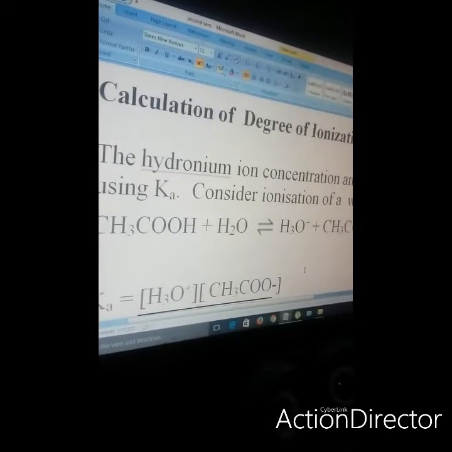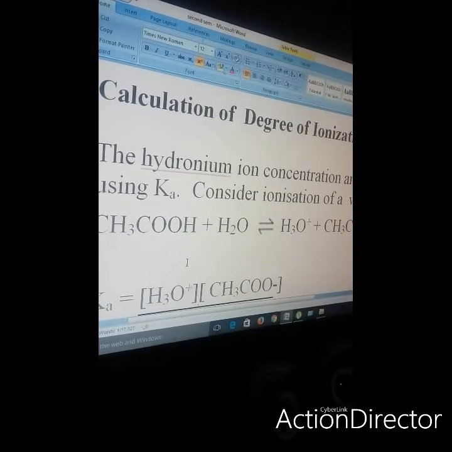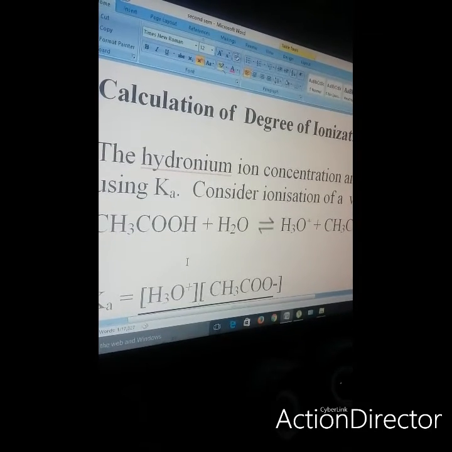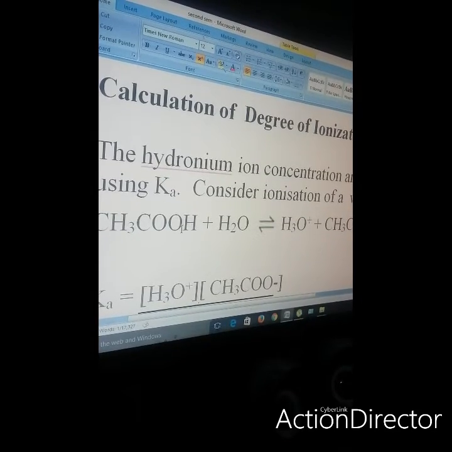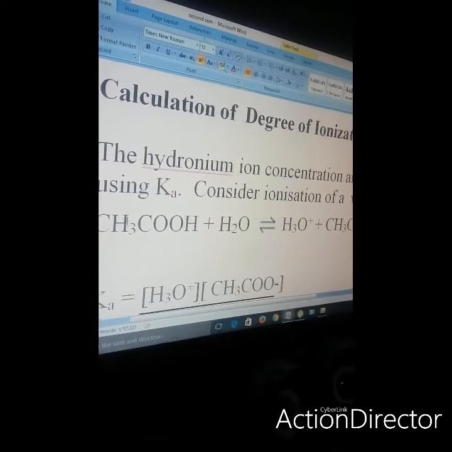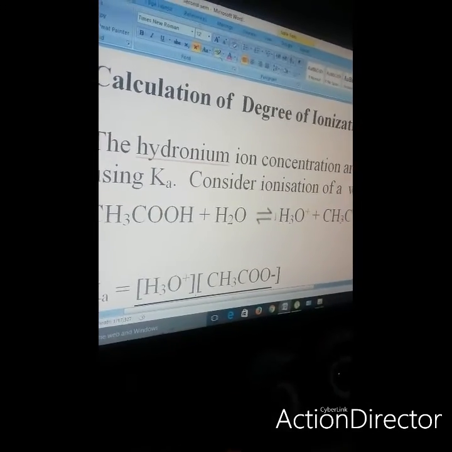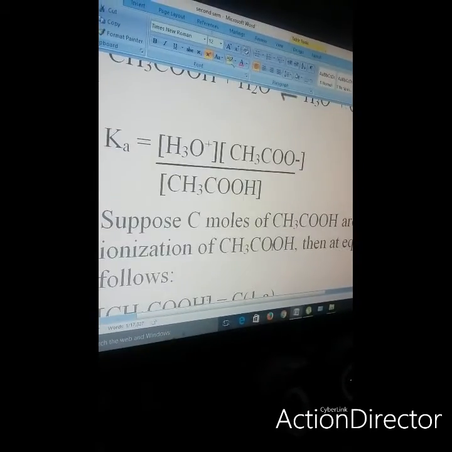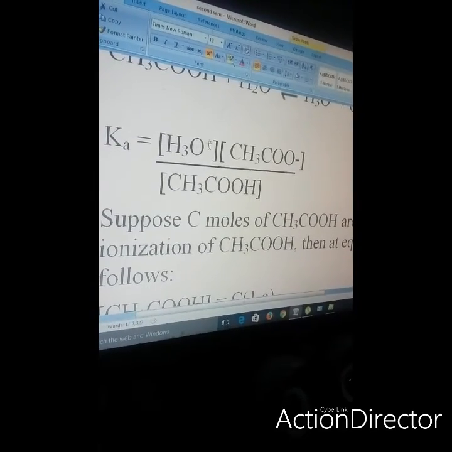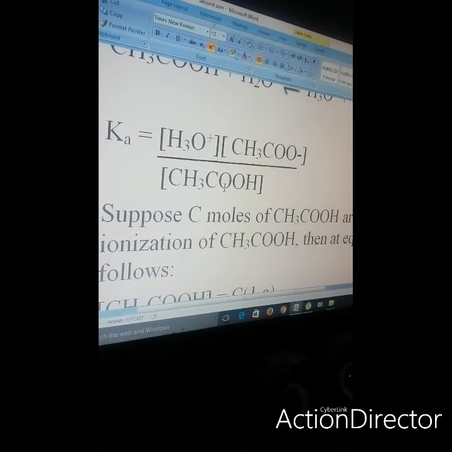Let us do the calculation of degree of ionization. The hydronium ion concentration and degree of ionization can be calculated. Let us consider the ionization of a weak acid, acetic acid. As you can see in the equation, acetic acid reacts with water giving you hydronium ion and acetate ions. So Ka in this case will be the H3O plus concentration times the acetate ion concentration upon the acetic acid concentration.